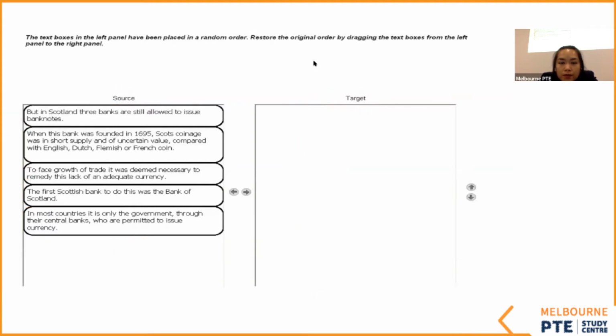Now, next one. For example, this is my answer for this question. Okay, now this is the correct answer. How many marks do I have? 0.